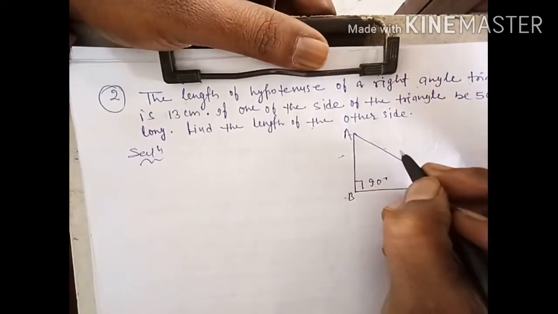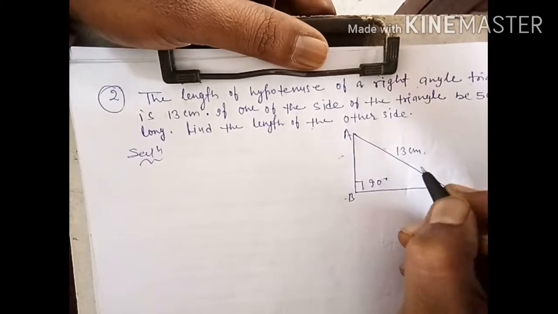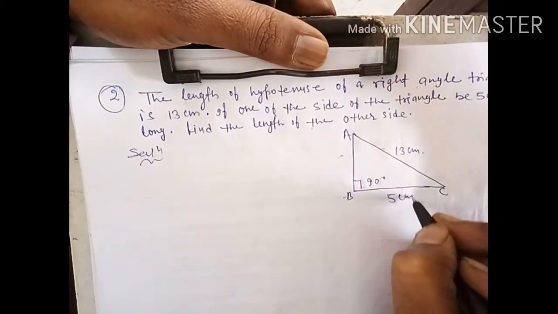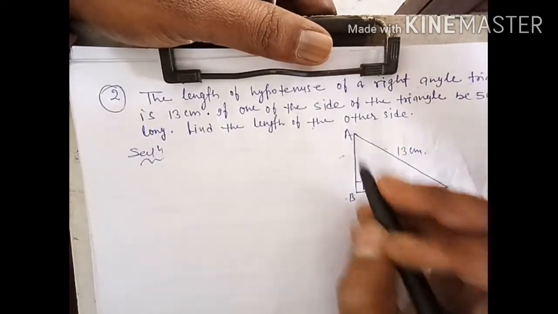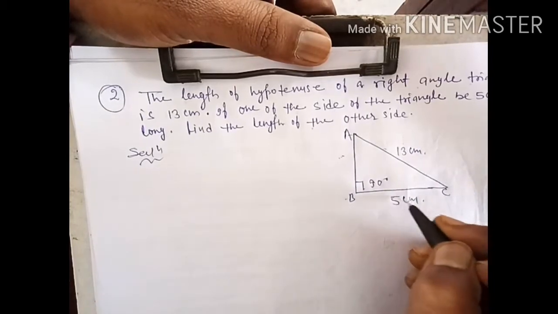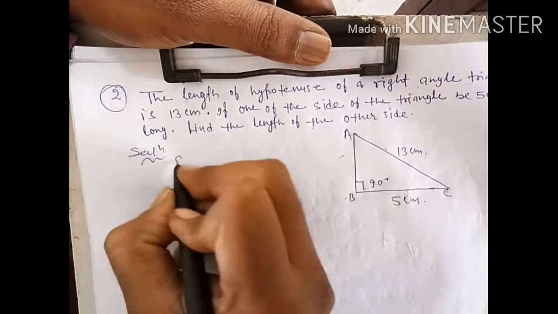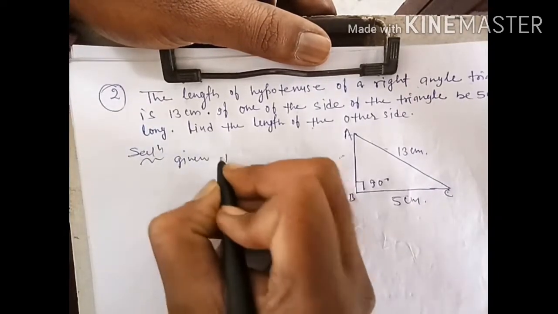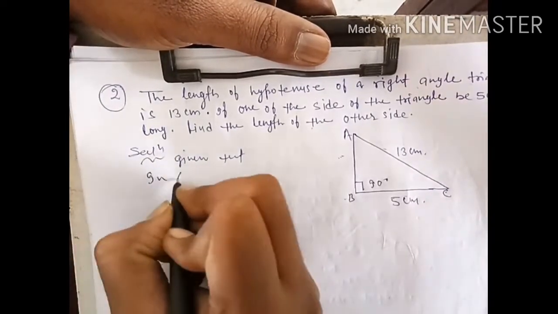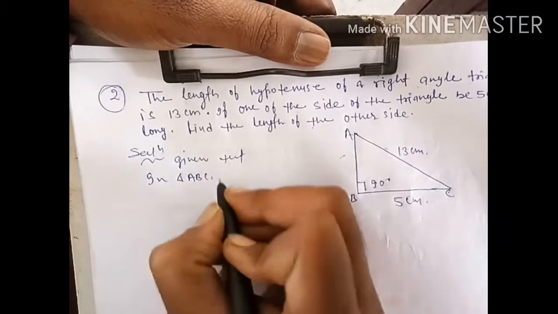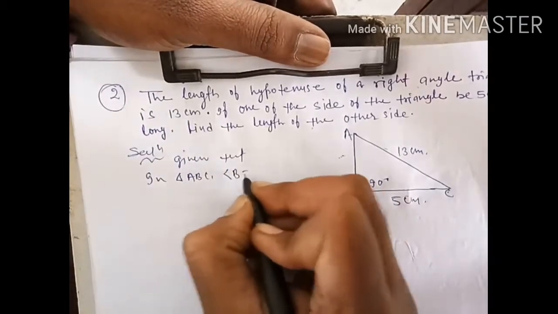Here given that the hypotenuse is 13 centimeter and one side is 5 centimeter. You have to find the other side. So here given that in triangle ABC, angle B is equal to 90 degrees.